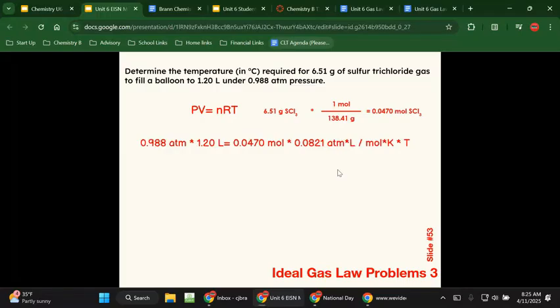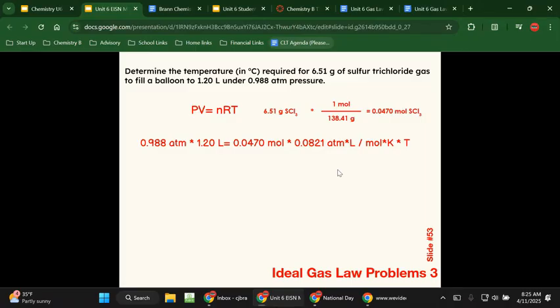Now again, I'm back to using 0.0821. Why? Why am I using 0.0821 for an R value, Daniel? Why am I choosing? There are 4 R values. 8.31, 62.4, 0.0821. What's my last one? 1.21, thank you.